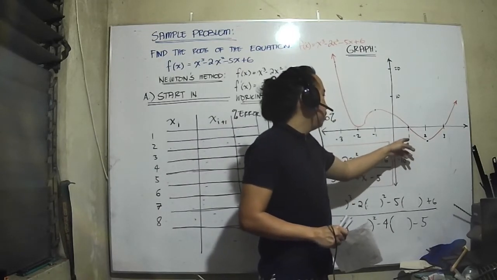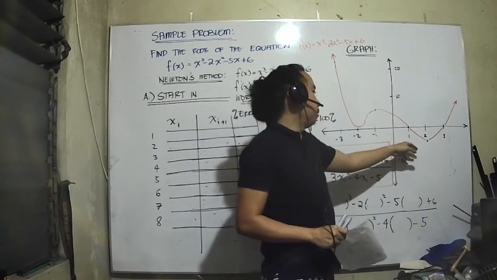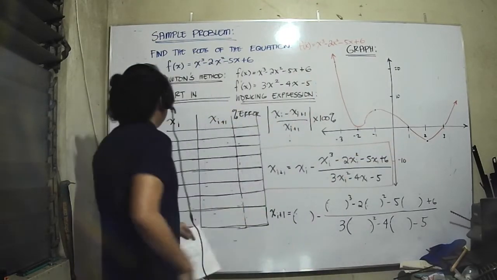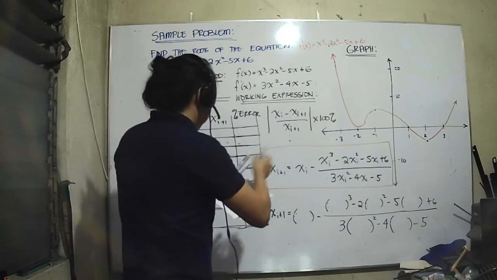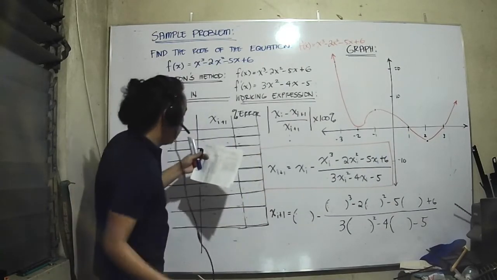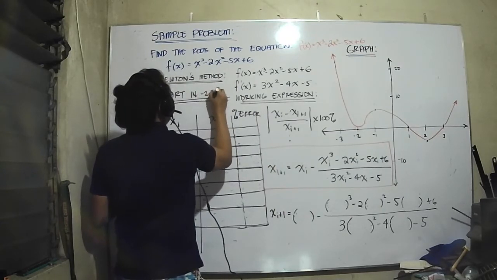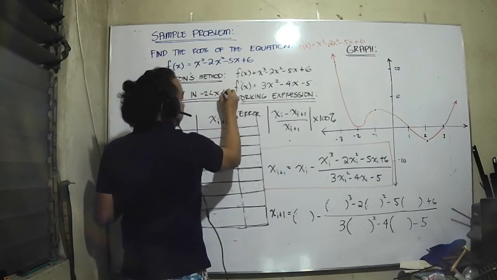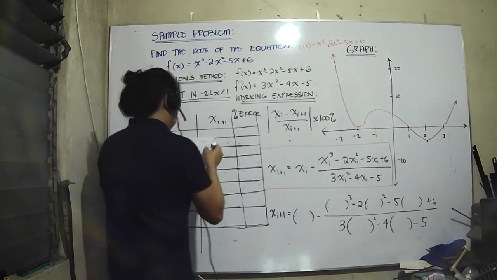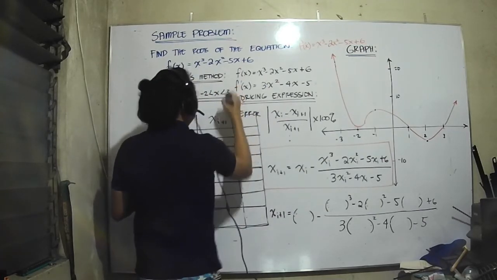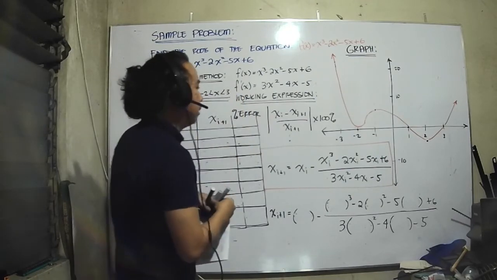Now, we want it to converge to this one. So we start with any number between negative 2 and 3, any number in between.